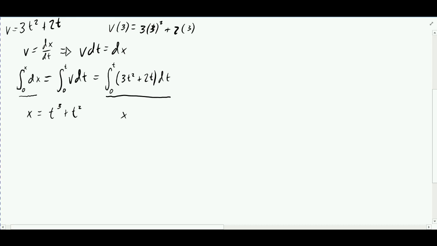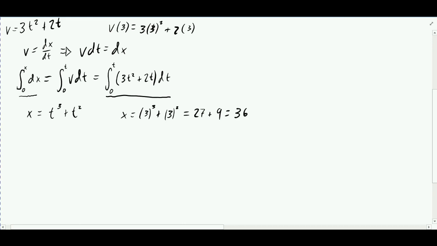So now what do we do? We plug in 3 at those locations. Just plug and chug: 27 plus 9. And I didn't give units in this problem, so we won't worry about units.